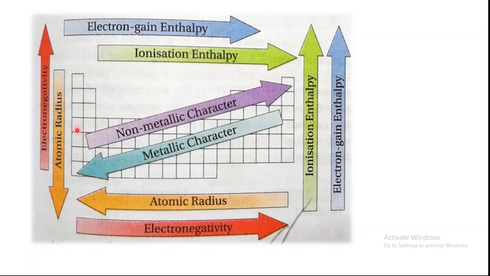So the different electrons enter the same shell, but due to the increase in the number of protons, the positive charge in the nucleus also increases. So the attractive force of the nucleus for the electrons in the outermost shell also increases. Hence, the atomic radii of elements in the same period gradually decrease with the increase in atomic number. In any period, the atomic size of the group 1 element is maximum and that of the halogen, that is group 17, is minimum.